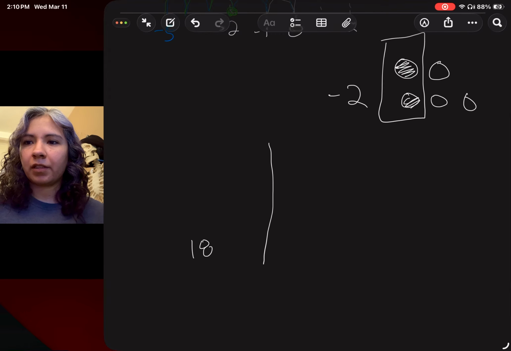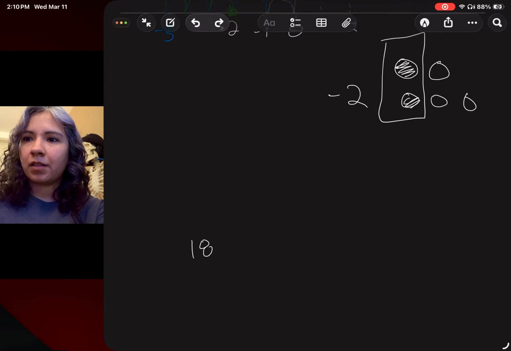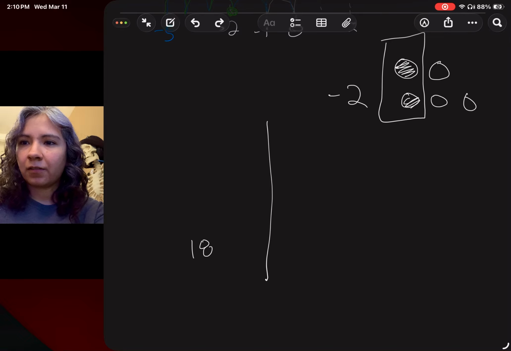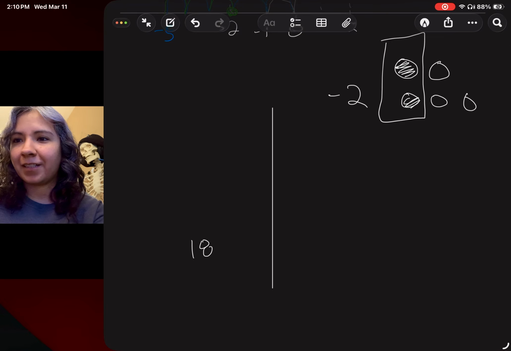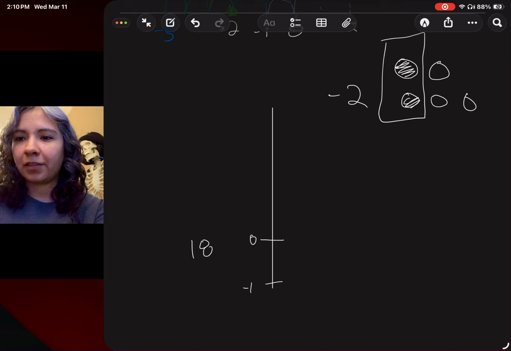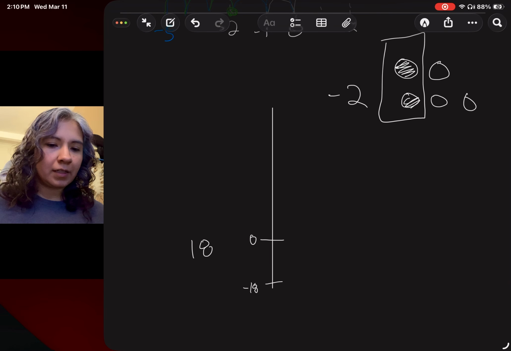So that would be like a vertical number line. Okay. So here would be our 0. Let's just say this is the -18 below sea level, right?